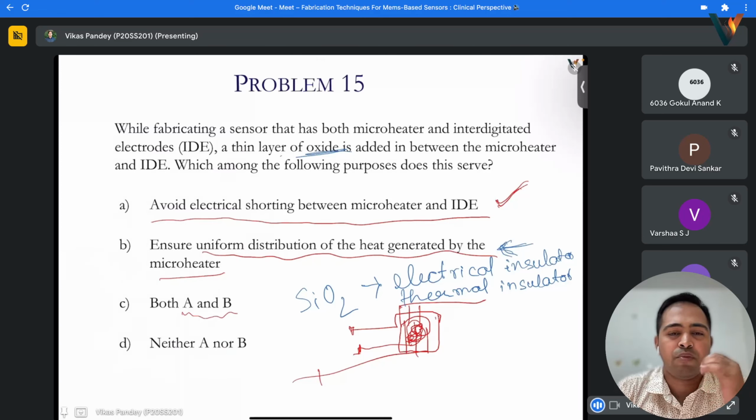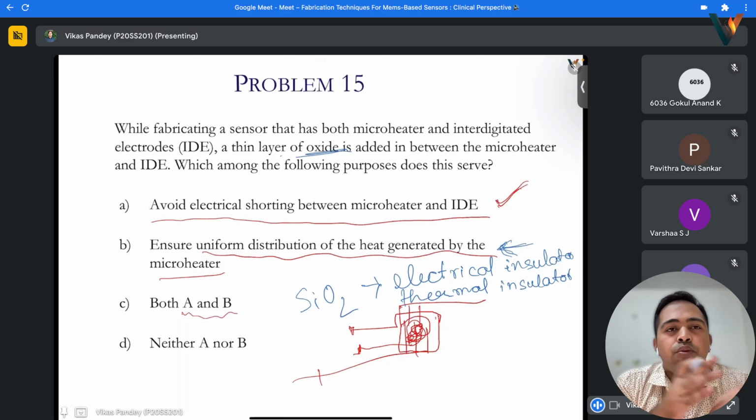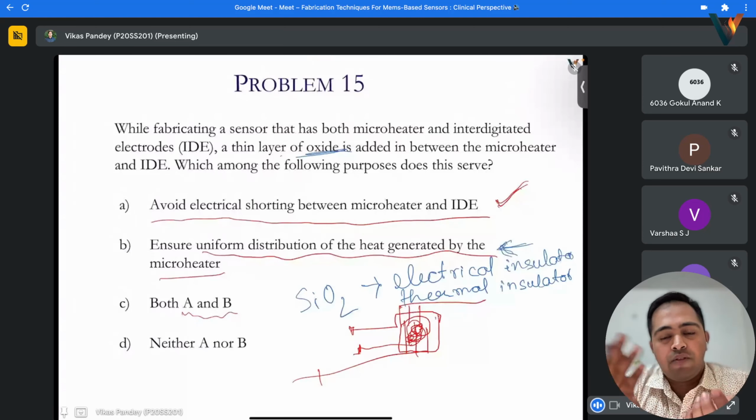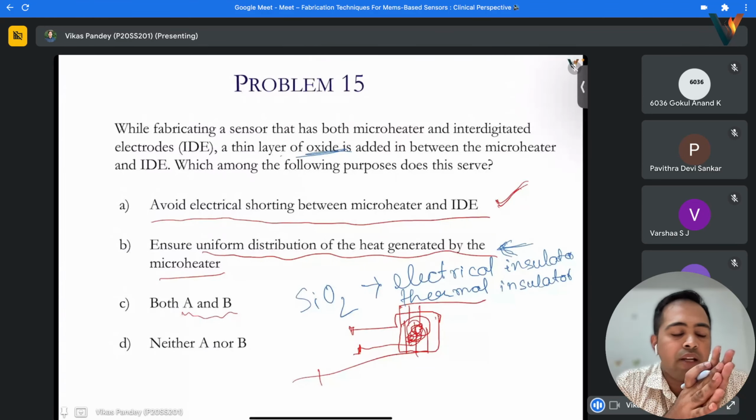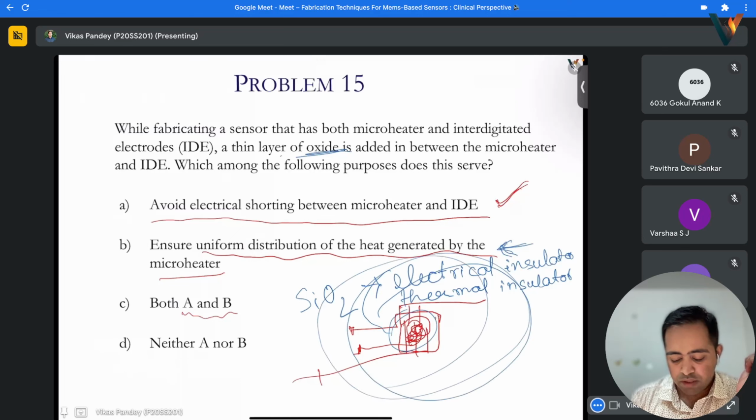And there are some more like this. You can say that for silicon actually the orientation matters a lot. So in one direction heat flows, other direction it does not flow, somewhat like that. Okay, so let's not go into that part. So it is an insulator, and if it was to ensure uniform distribution of heat of the heater, then this heat will actually try to flow throughout the system.